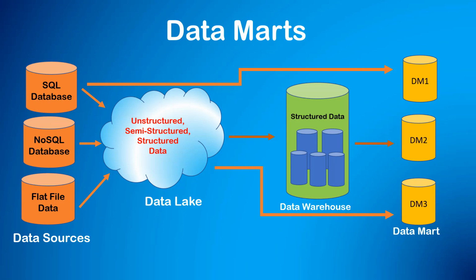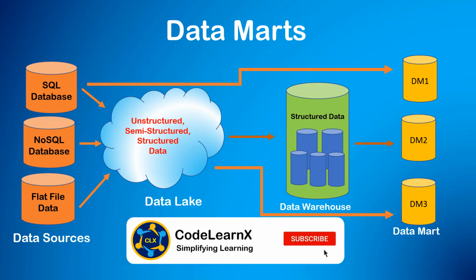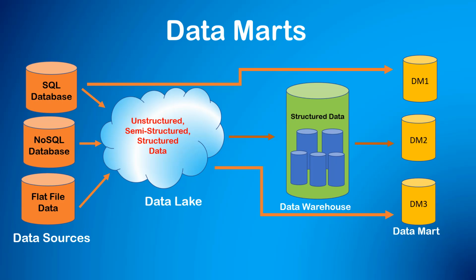For that purpose we create small data marts, so that the data analyst of our company will be given access to that specific data only. In that way we can also secure our data instead of giving access to a large number of people. Only the person who is responsible for the per capita income analysis or life expectancy analysis of a particular state will be given access to that data.